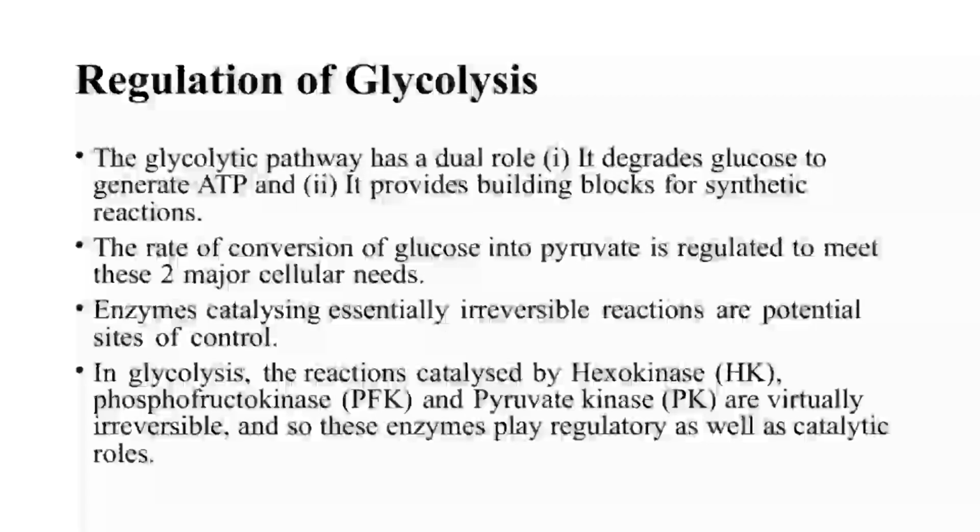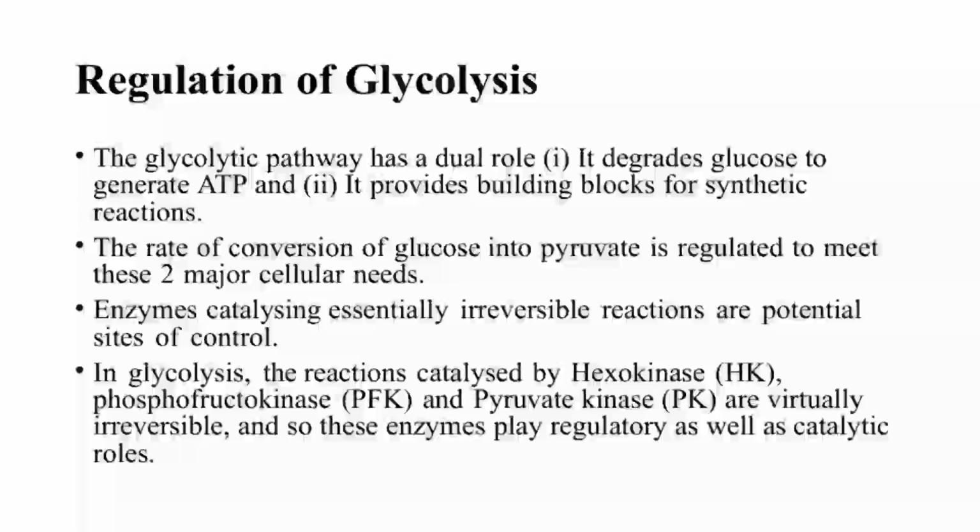First, it degrades glucose to generate ATP, which is the energy currency the cell needs for various functions. Second, it provides building blocks for synthetic reactions, supporting the cell's growth and maintenance. The rate at which glucose is converted into pyruvate is carefully regulated to meet these 2 major cellular needs. If the cell requires more energy or building blocks, the pathway can be adjusted accordingly.